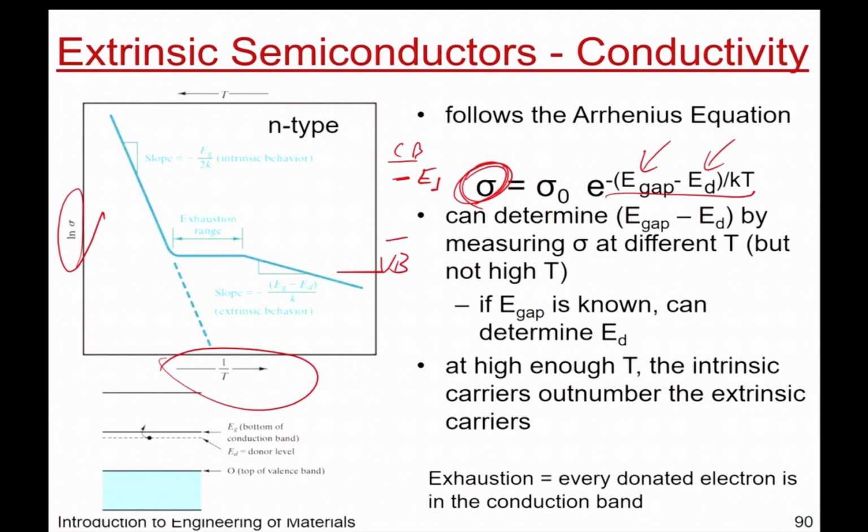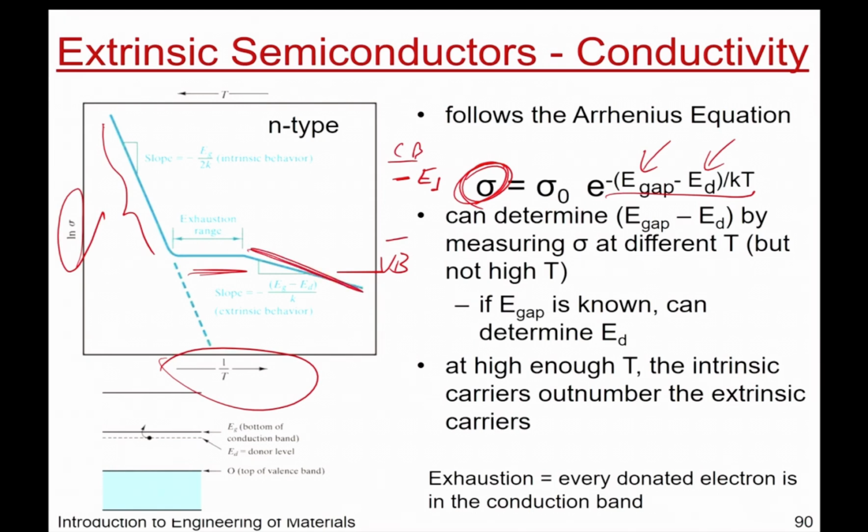When we plotted this for an intrinsic semiconductor, all we saw was one behavior, a linear line, indicating one mechanism of hopping. But here there's one mode, then some range where your conductivity is not changing, and then another mode.